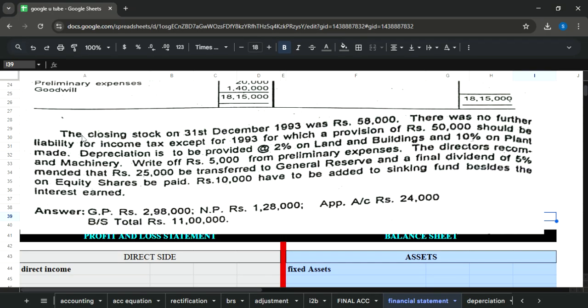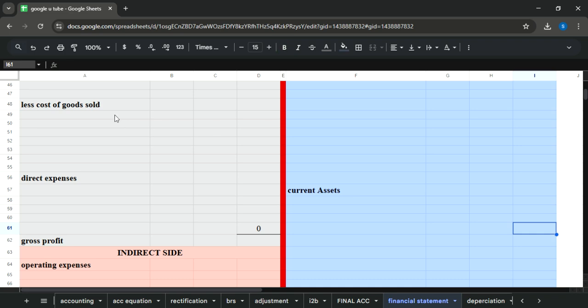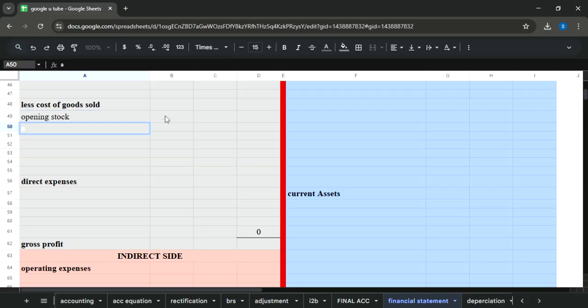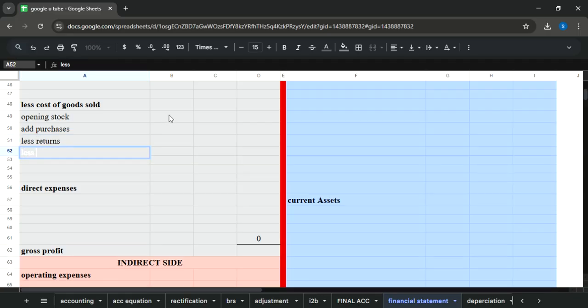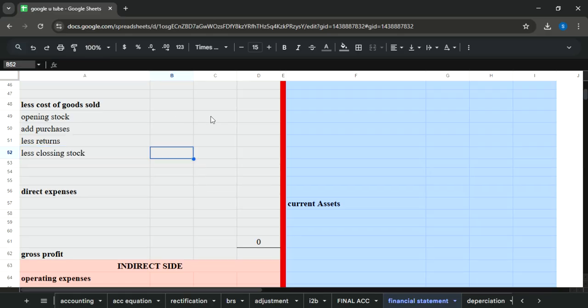So let's begin. Closing stock. As you know, closing stock is part of cost of goods sold statement. So opening stock, add purchases, less returns and less closing stock, and we are talking about this closing stock.